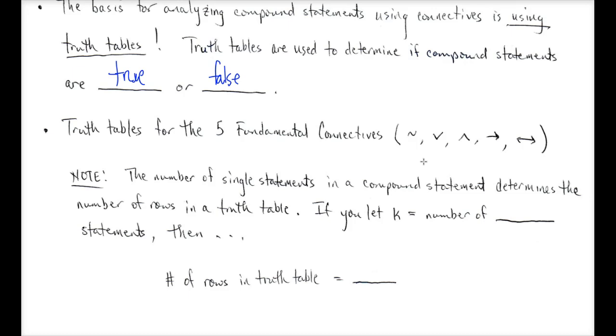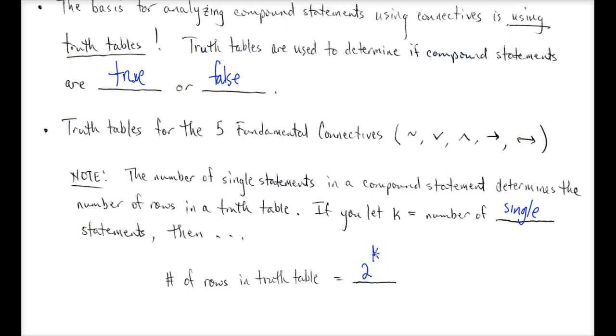The number of single statements in a compound statement determines the number of rows in a truth table. So if we let the variable k equal the number of single statements, then the number of rows in the truth table is equal to 2 raised to the k.